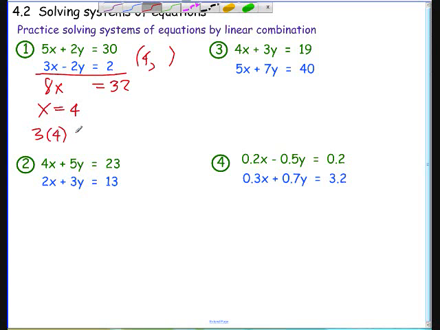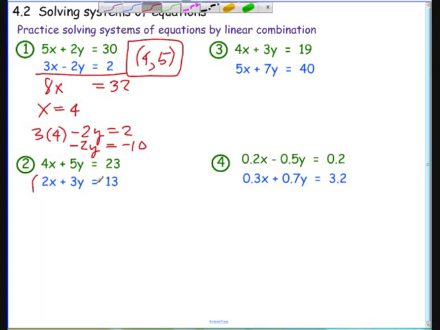When my x is 4, what will my y be? Well, I get -2y equals, I'm going to subtract 12 from both sides. I have -10. So my y is equal to 5. There's my solution.